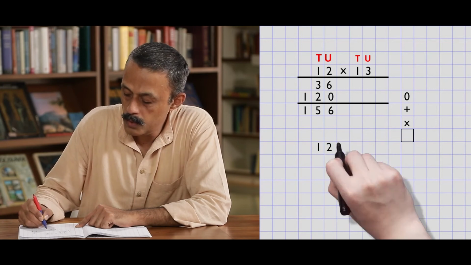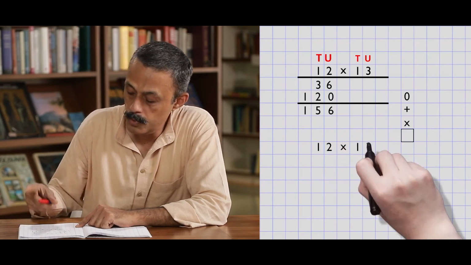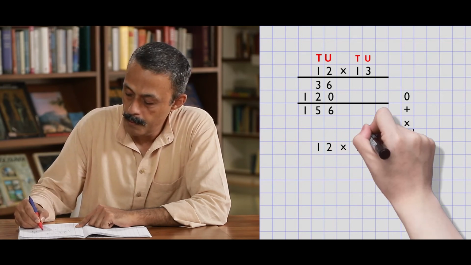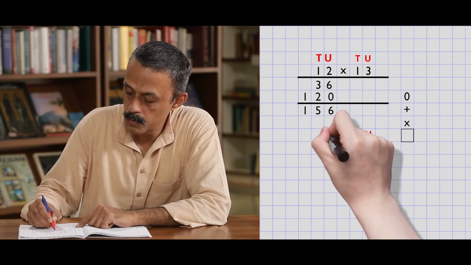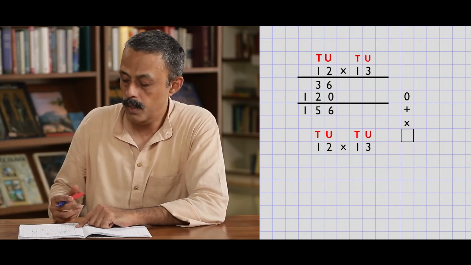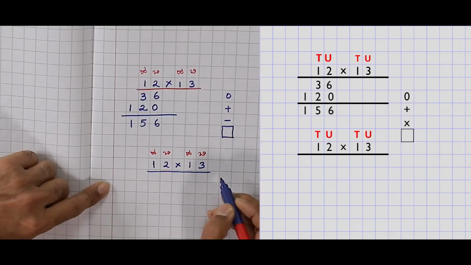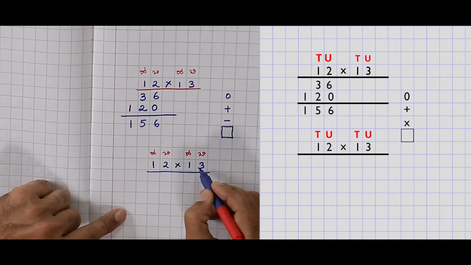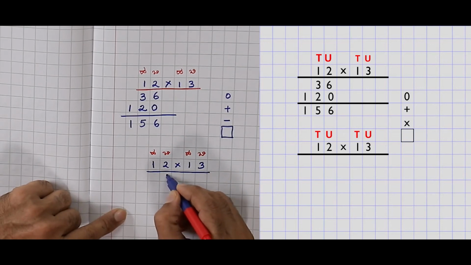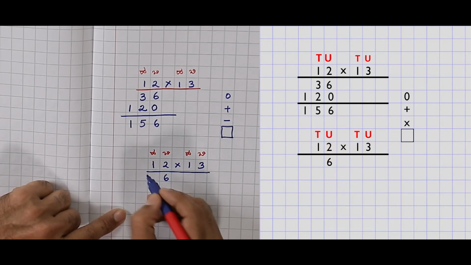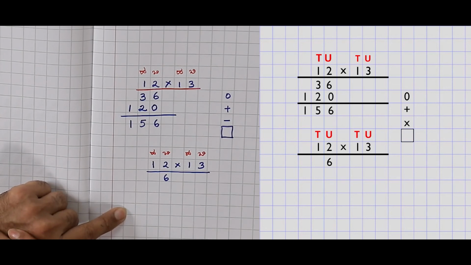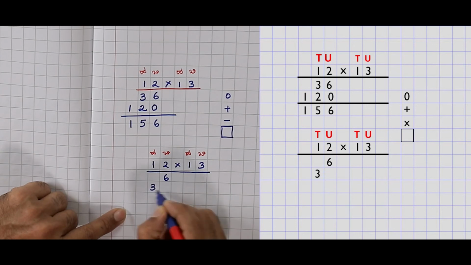12 into 13, units, tens, units, tens. Now we have to do it according to the place value. 3 twos are 6. Now from units, I am multiplying the tens position. 3 tens are 30.